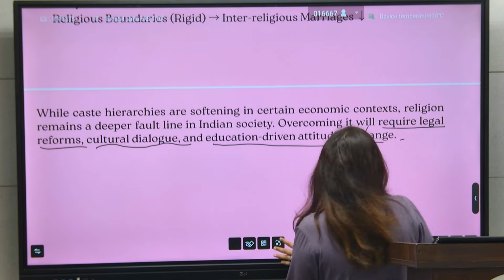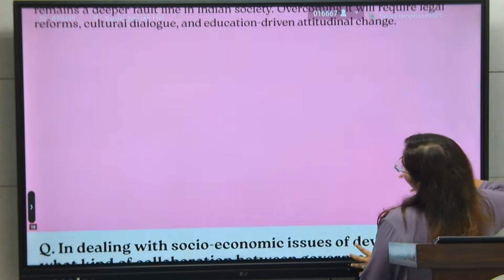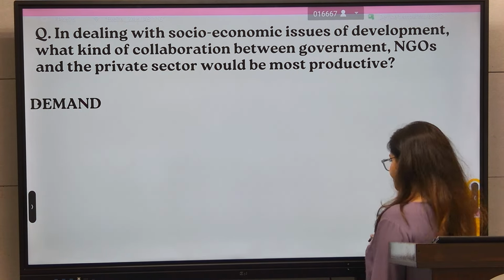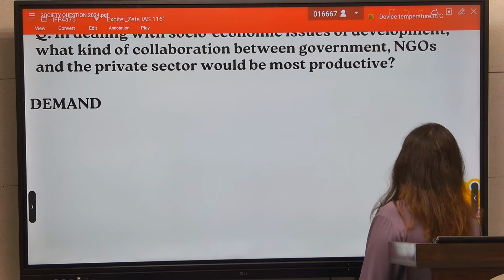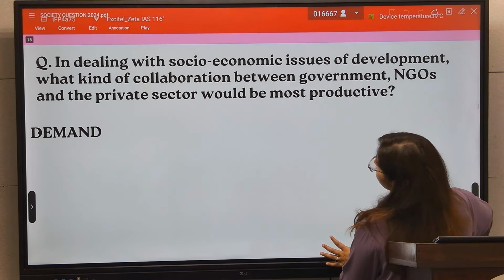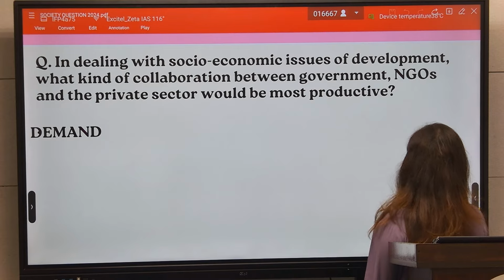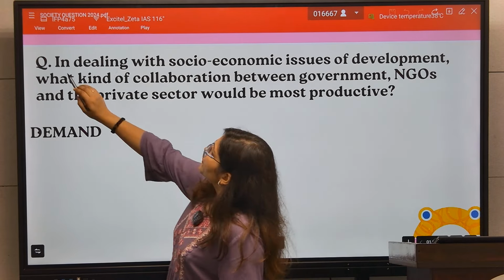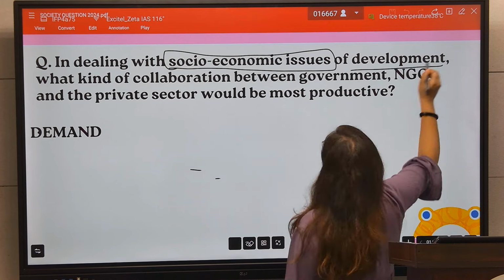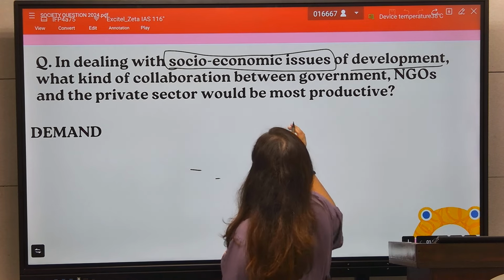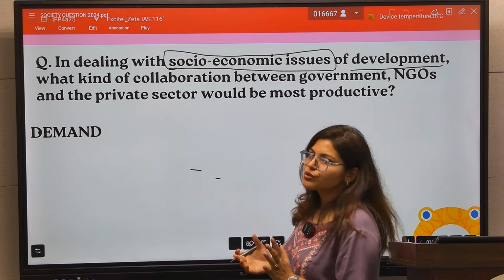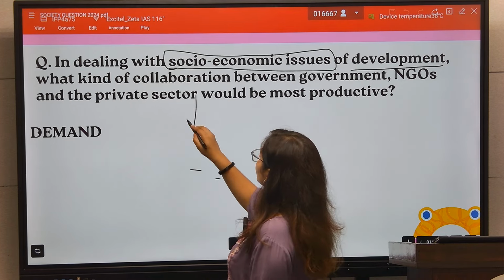So now we come to our third question, which is also a 10 marker question. Read the question. The question is saying: in dealing with the socio-economic issues of development, what kind of collaboration between government, NGO and the private sector would be most productive?